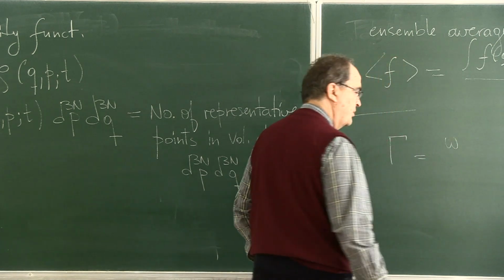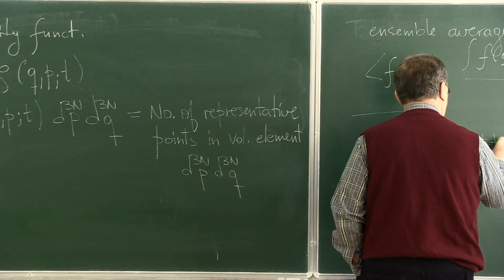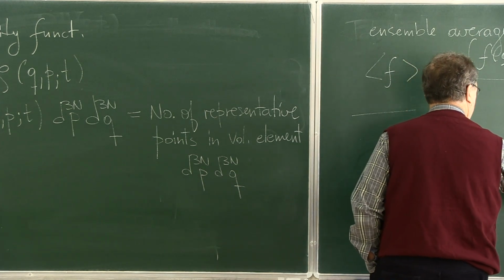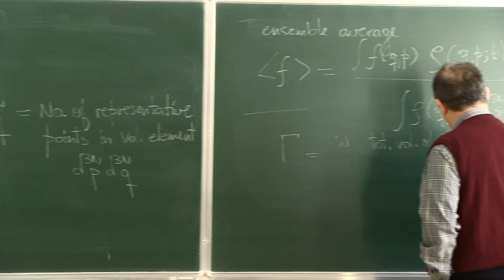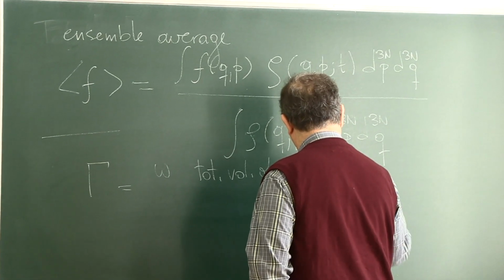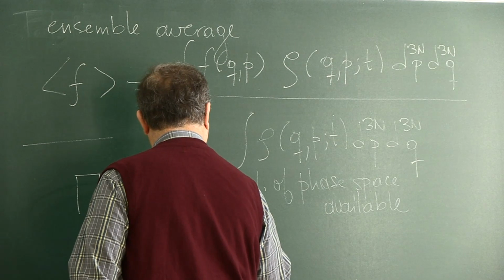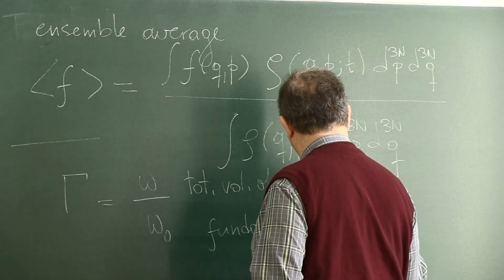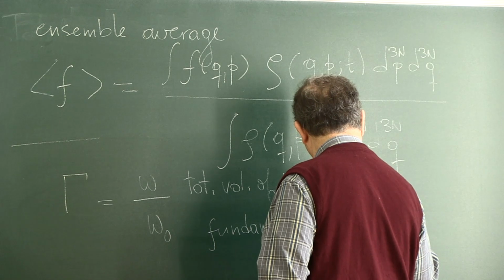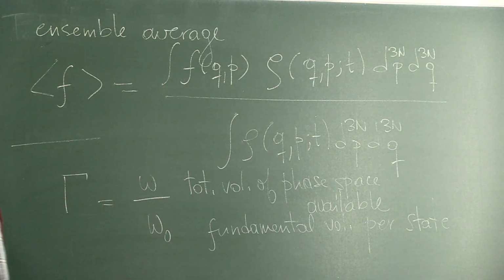If I know the total volume of phase space available to my system, divided by the fundamental volume corresponding to a state, per state, then I have the total number of microstates gamma.